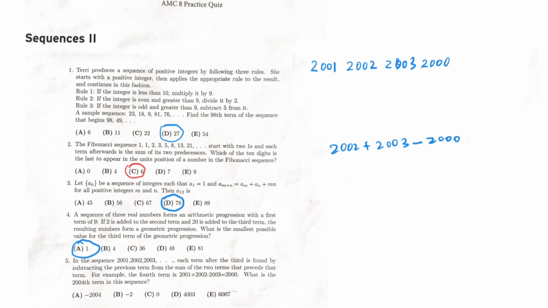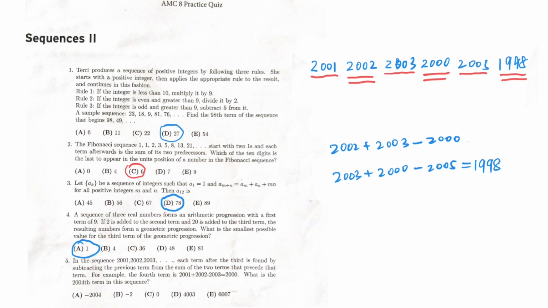And the second term, fourth term, and the sixth term is also an arithmetic sequence, but the common difference is negative 2. Now, look at the question. They ask for the 2004th term in this sequence. 2004th term, that's an even term.